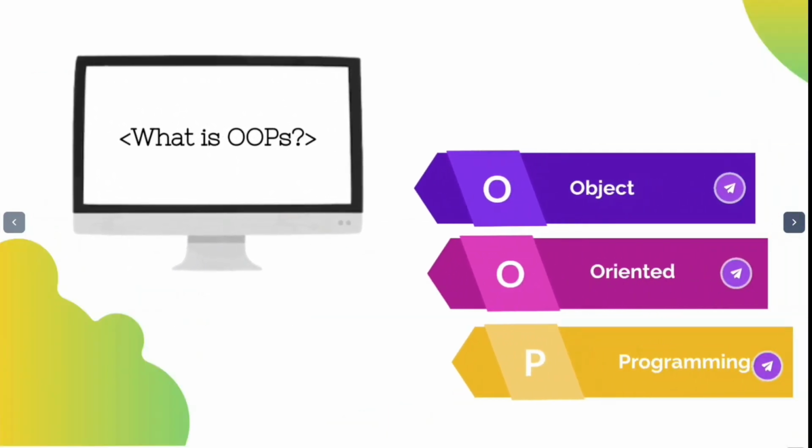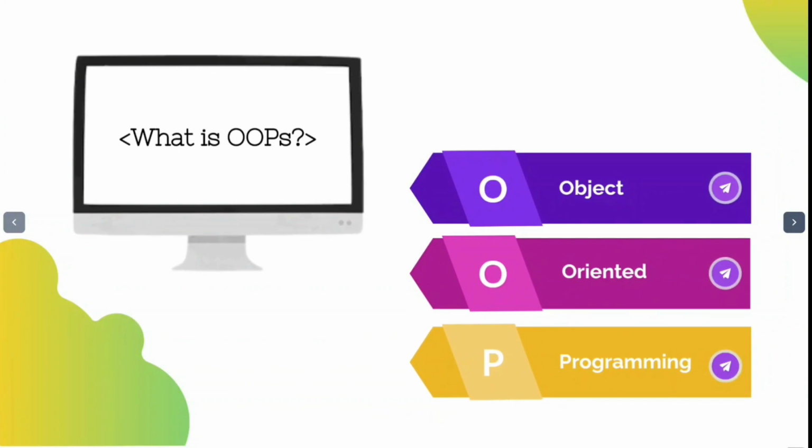The word object oriented is the combination of two words, that is object and oriented, where object means an entity that exists in the real world, and the word oriented means interested in a particular kind of entity.